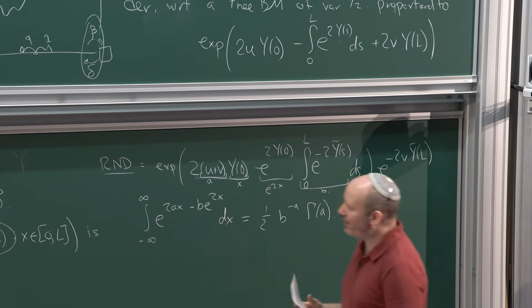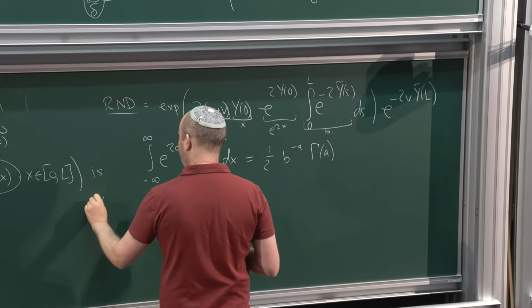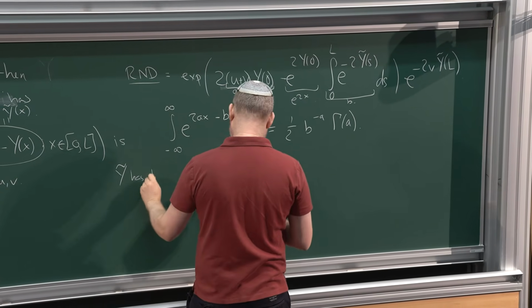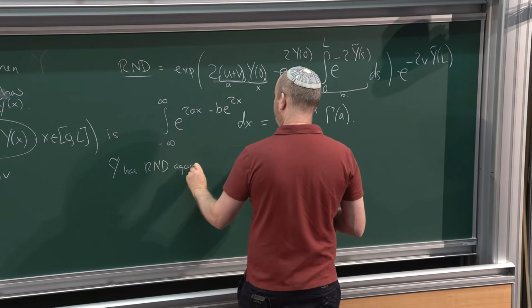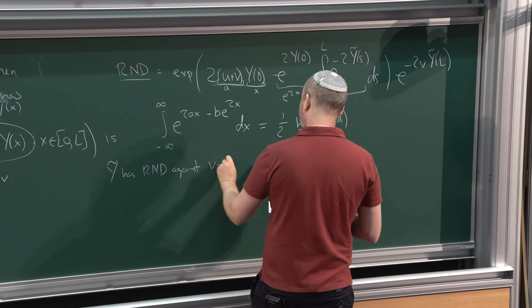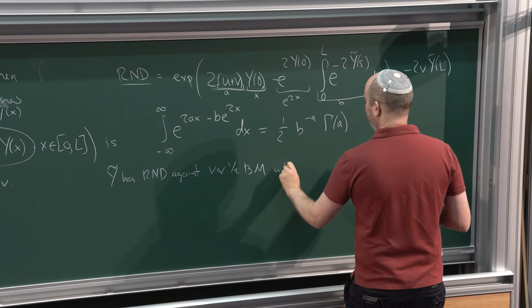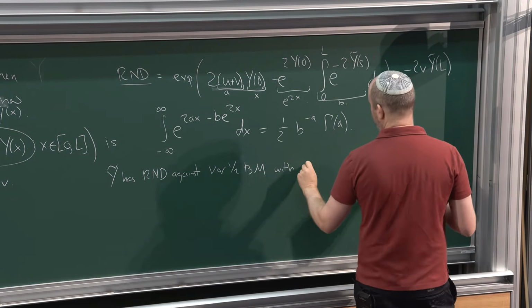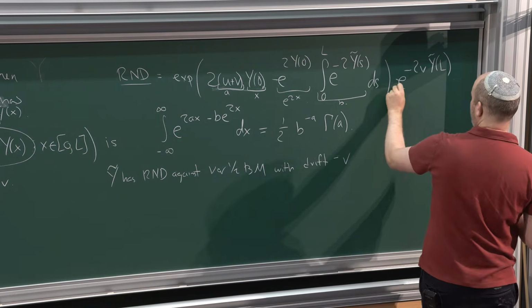And so if I do that, I can show that y tilde has a Radon-Nikodym derivative against a variance 1/2 Brownian motion with a sort of drift minus v.